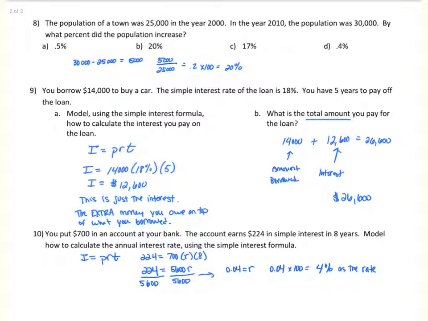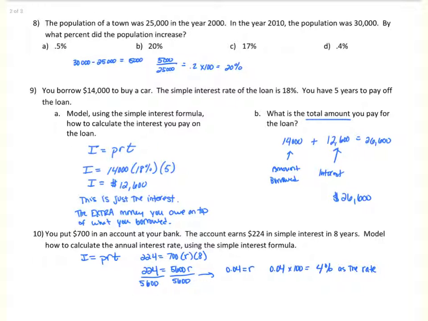Okay, so B was asking you for that amount. B was asking you what's the total amount that you would have had to pay back if you borrowed $14,000 in the first place, but then the interest over the 5 years was $12,600. You had to add those two together to figure out your actual price.